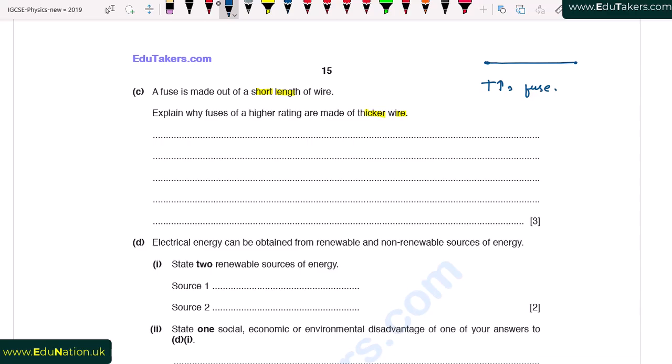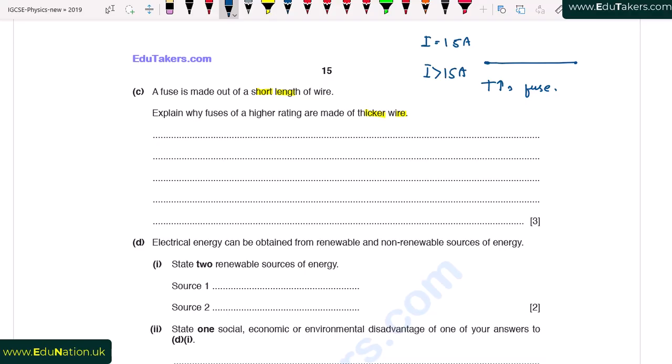Now if we have a higher rating of current, suppose the value of current is 15 ampere, then we need a fuse of rating greater than 15 ampere, and this value of current is associated with a very large rise in temperature, due to which we need to melt the wire at high temperature.